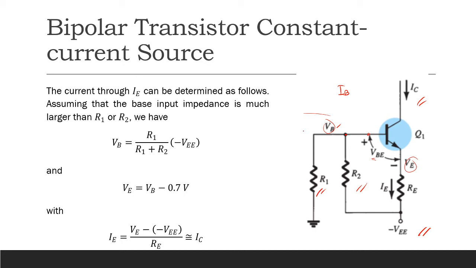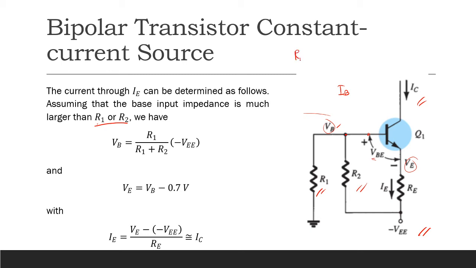So mag-assume tayo dito. This assumption is allowable kapag yung base input impedance natin is mas mataas kaysa sa R1 saka sa R2.